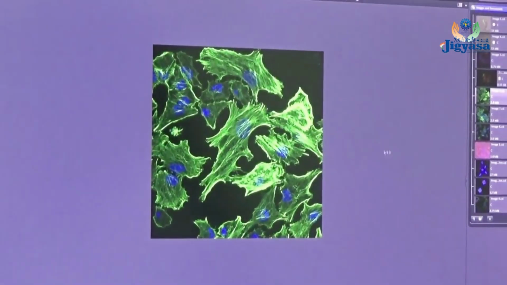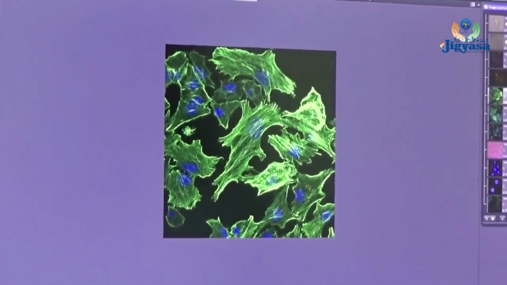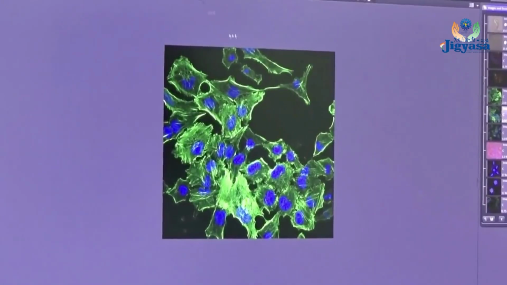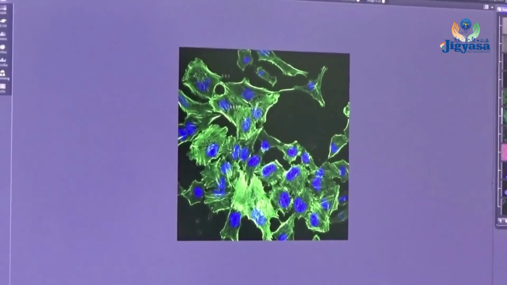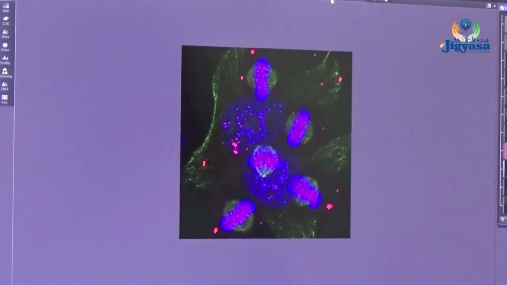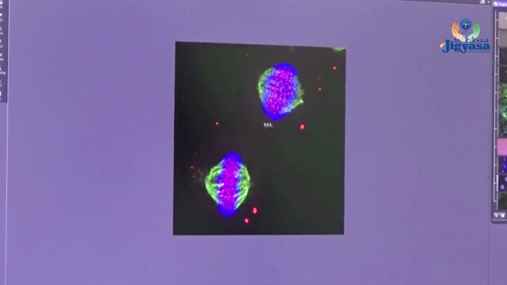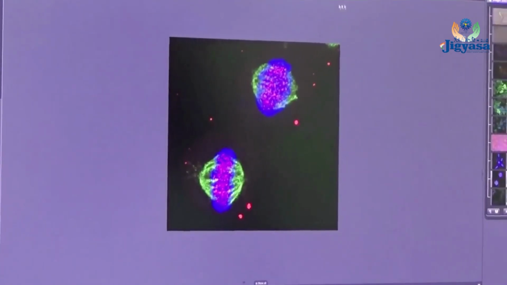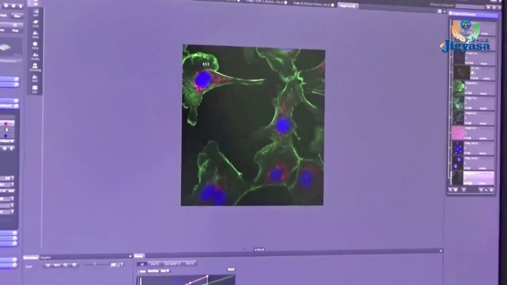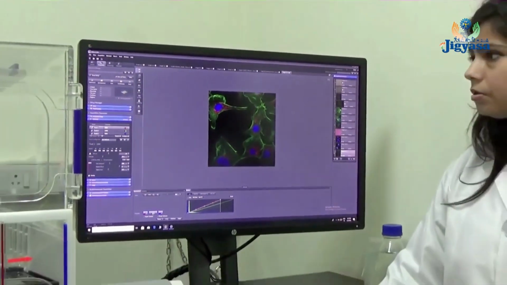This is also an image generated by this microscope. This is also the cytoskeleton tagged by the phalloidin dye. These are the pictures. This is the metaphase stage. These are some pictures. Thank you.